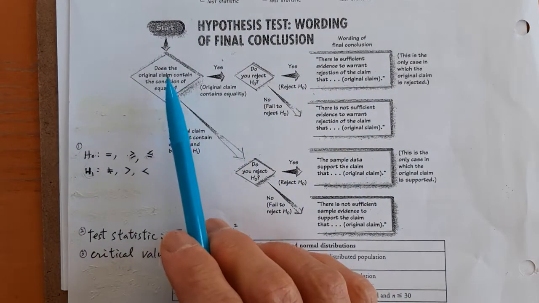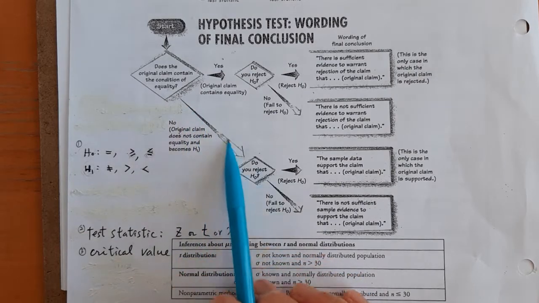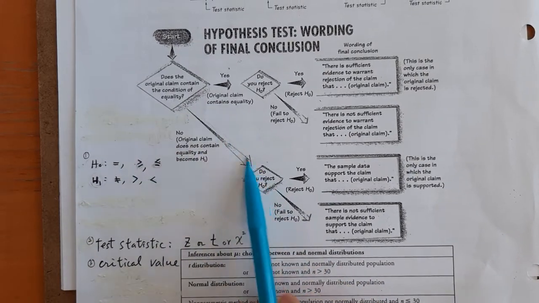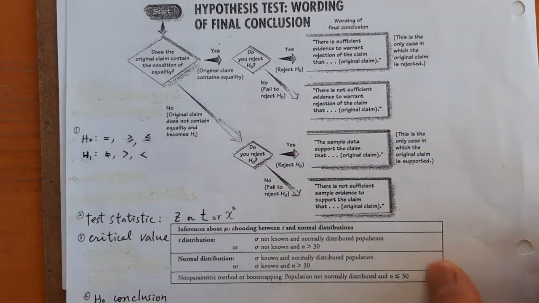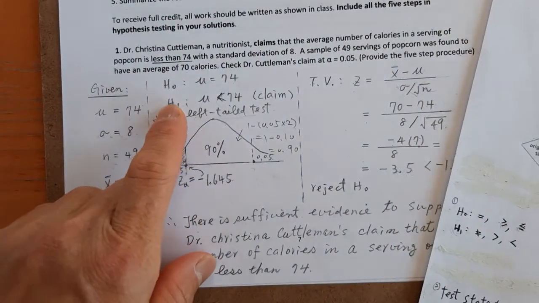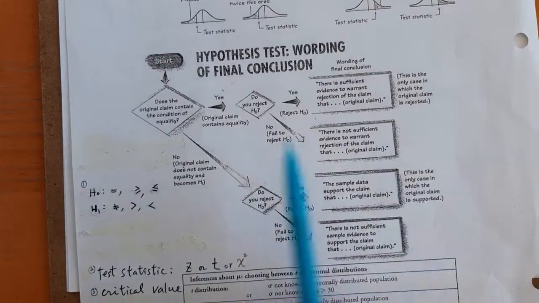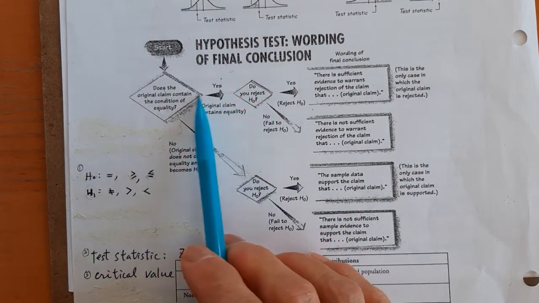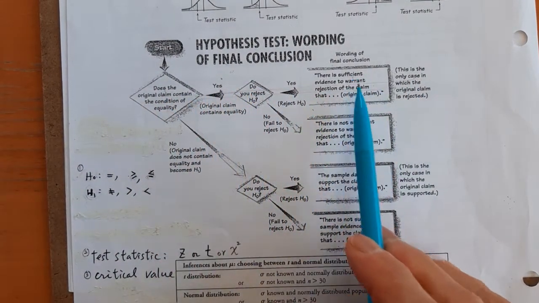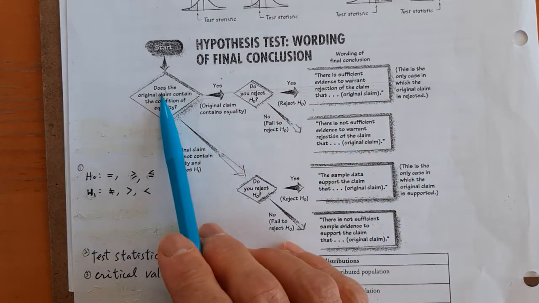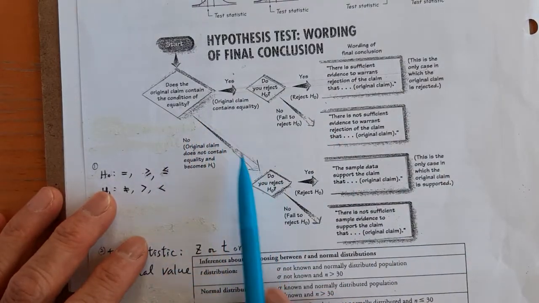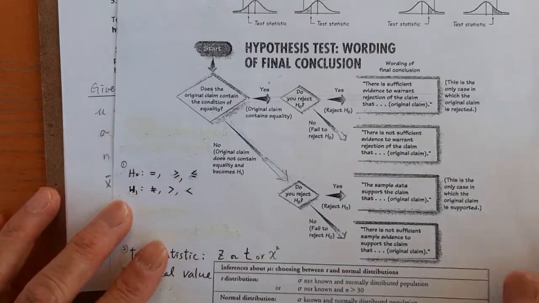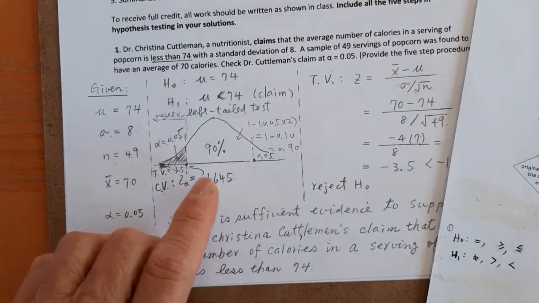So if not, go this way. The original claim is H1, not H0. If the original claim is H0, go this way and get two conclusions. If the original claim is not H0, is H1, go this way, and then look at reject H0.